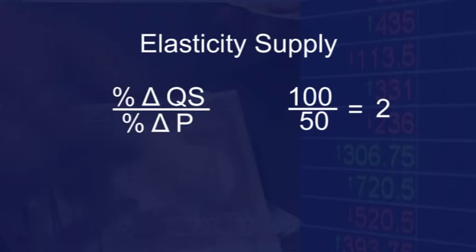So if, for example, we find that the price of apples, or whatever good we're talking about, rises by 50%, to what extent will suppliers increase the amount they sell in the marketplace? Let's say they offer another 100%, the quantity supplied doubles, then we would have the percentage change in quantity supplied over the percentage change in price is 2.